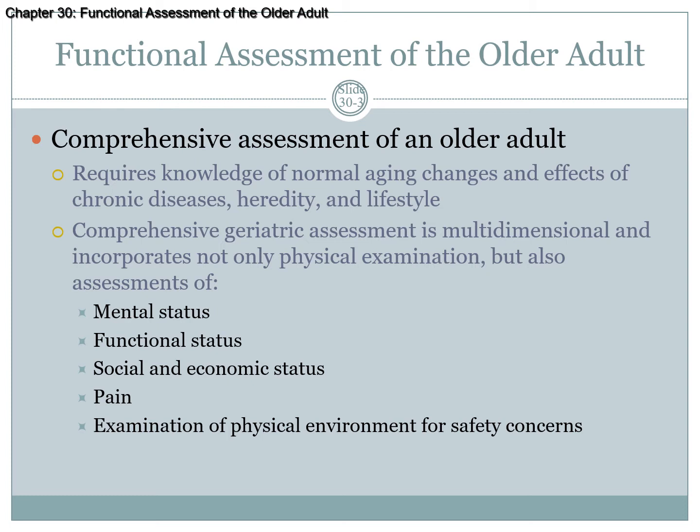We look at their functional status. We want to see if the patient's having any pain, and maybe look at their physical environment if we can, to see if there are any concerns, any safety risks that's causing the patient to have maybe functional issues. So you're going to do a physical exam, not only of the patient, but you also want to do an examination of the environment as well.